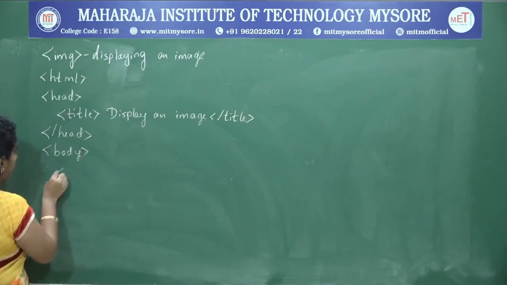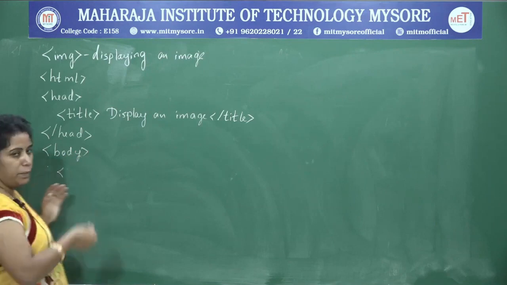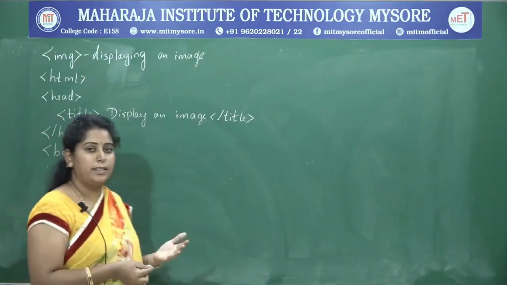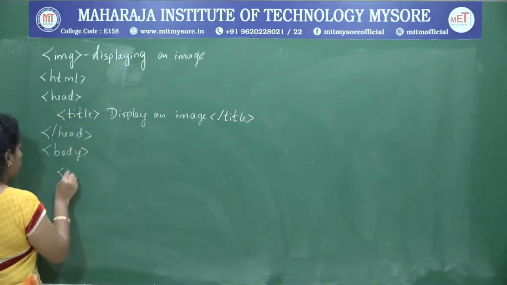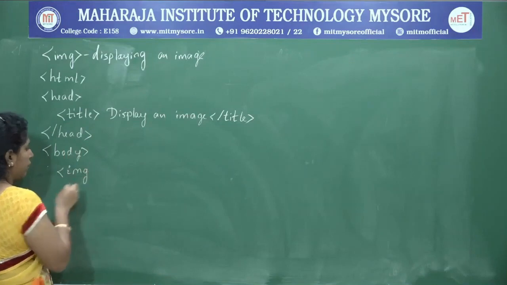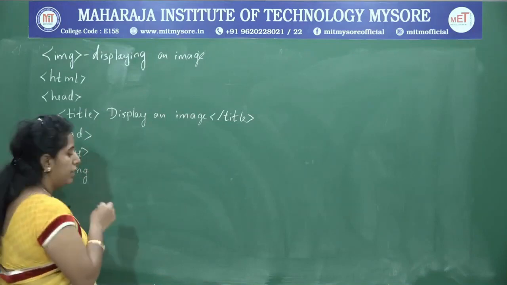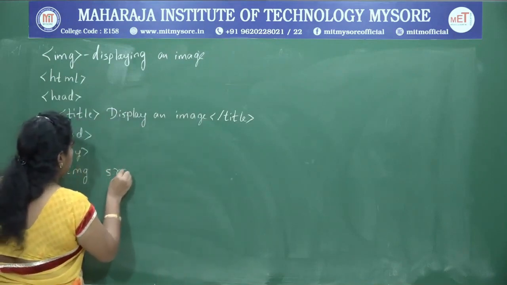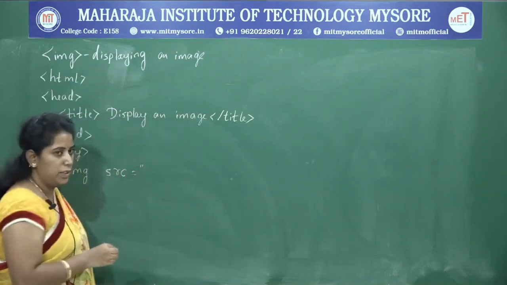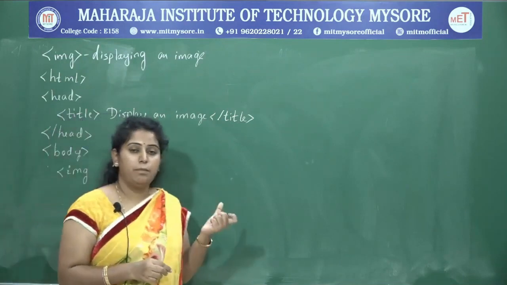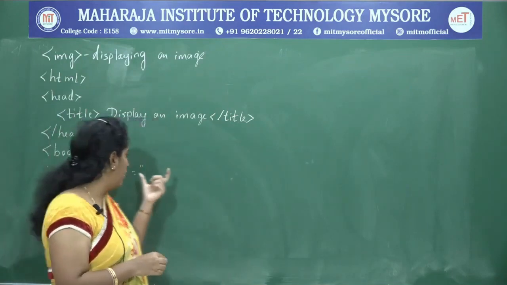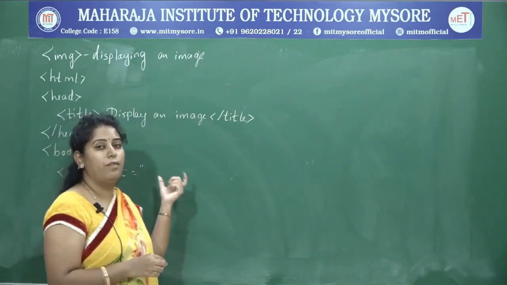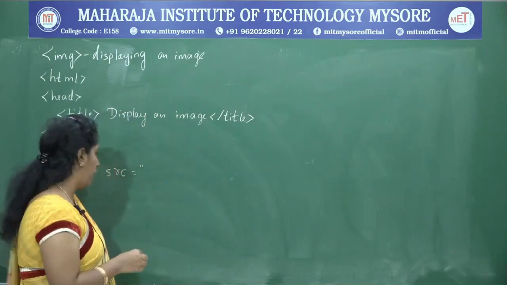In the body I can type some paragraph or text to be printed, or I may directly start with the image tag. How? img. This tag consists of two attributes, the first being src, source. The source attribute represents where exactly that image is located. The image file name or the path where that image is stored needs to be provided.